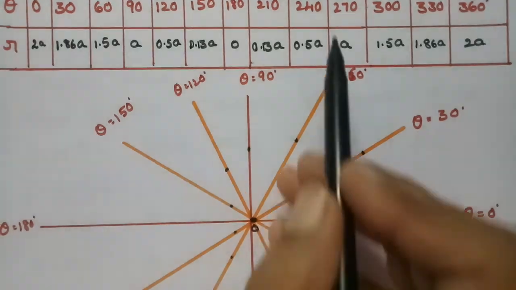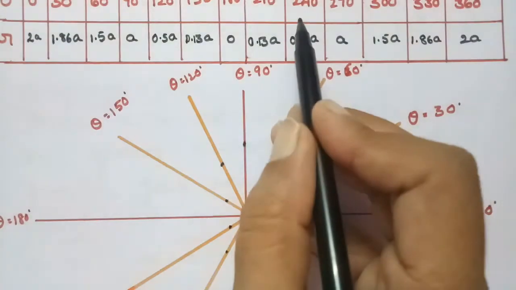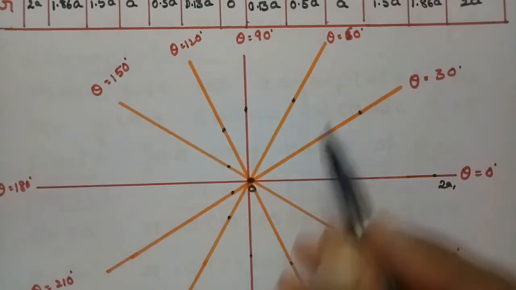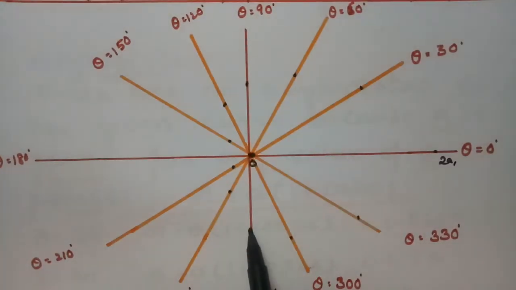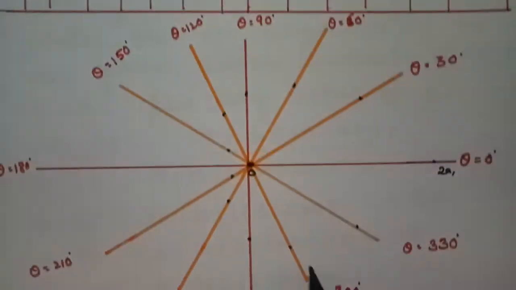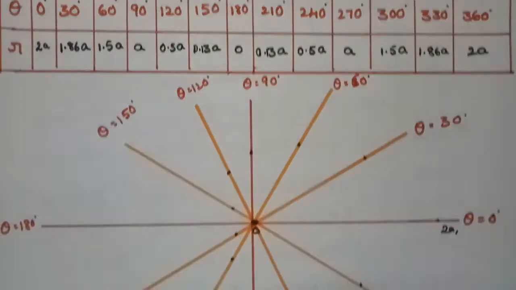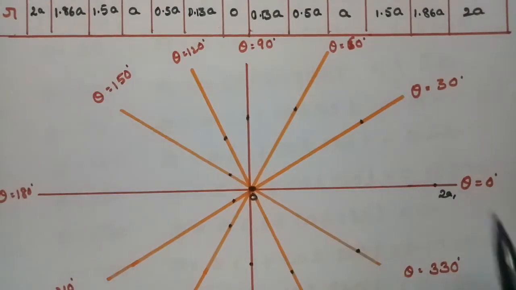And the next one for 210 it is 0.13. And for 240 this is 0.5. And this is 270. For 270 this is 1 into a, so this is a, and this is 1.5 into a, so little farther, that is 1.5. And this is 1.86, and this value is 2a again.